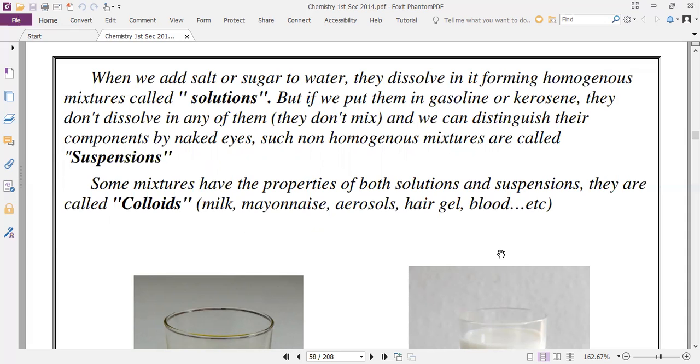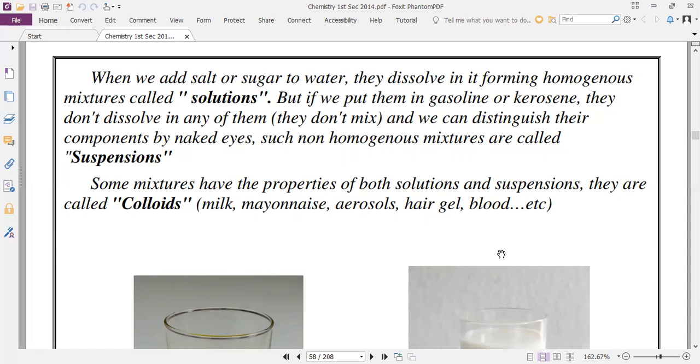So first, when we add salt or sugar to water, they dissolve in it, forming a homogeneous mixture. Can you explain what is meant by homogeneous mixture? Can it be distinguished or not?